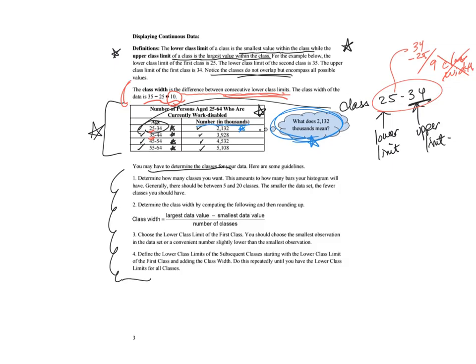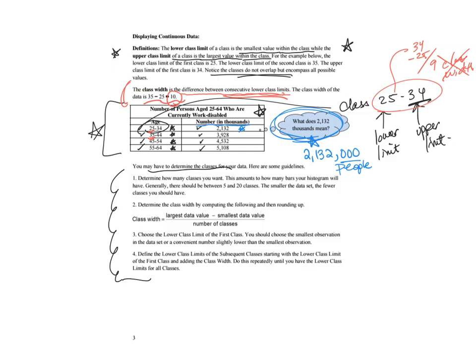See if you can write the equivalent of 2,132 thousands, and then start me back up and see if you agree with me. So what I did was I just added a thousands. I just put on 3 more zeros on there, which is really 2,132,000 people, isn't it? So keep that in mind. Again, it comes up from time to time when they give you data like that, and it's good to remember.